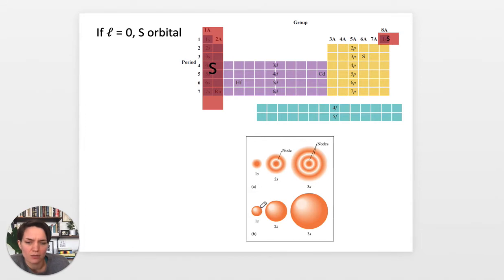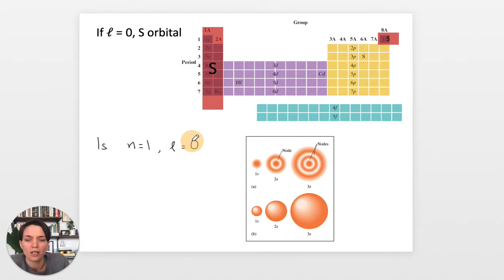An s orbital has a spherical shape. Again, remember, this is a probability map of our electrons. So 1s would be n equals 1, L equals 0.